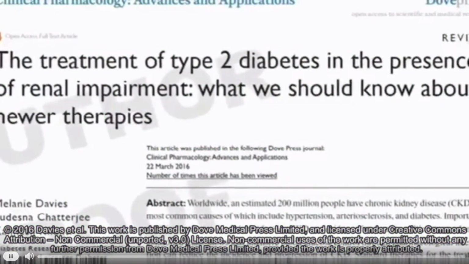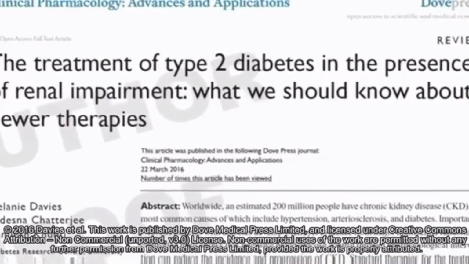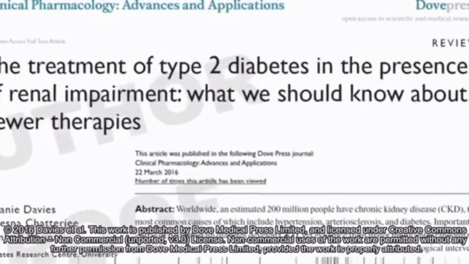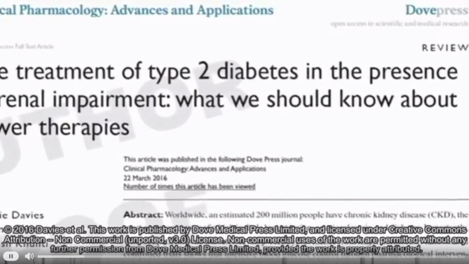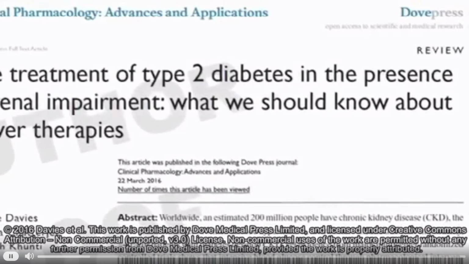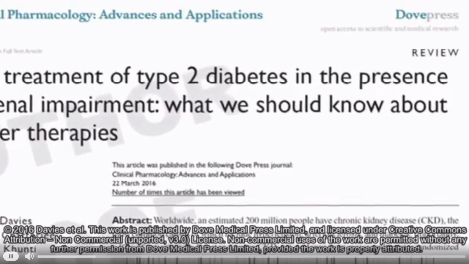My colleagues Melanie Davis and Kamlesh Kunti and I have written a review in the journal Clinical Pharmacology Advances and Applications on what we should know about newer therapies when treating patients with type 2 diabetes and renal impairment. An estimated 200 million people worldwide have chronic kidney disease, mainly due to diabetes, arteriosclerosis, and hypertension. Approximately 40% of patients with diabetes go on to develop chronic kidney disease.